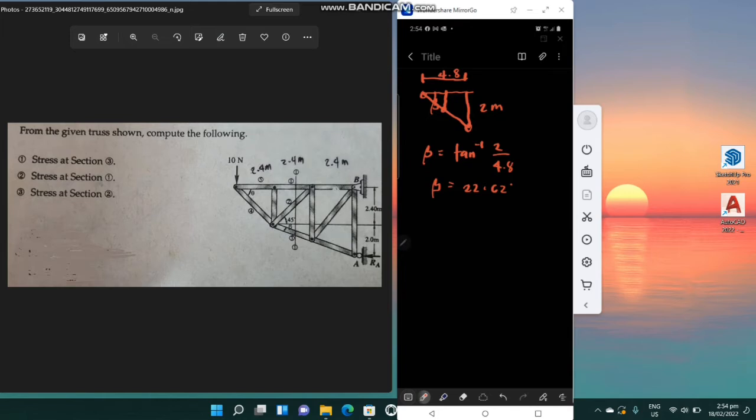Okay, so if we cut, mag-cut ta sa tunga. So we have 10 Newton.